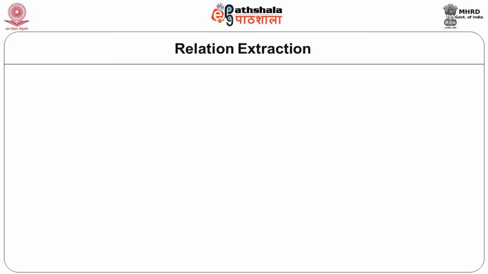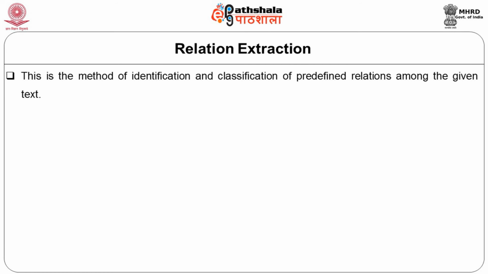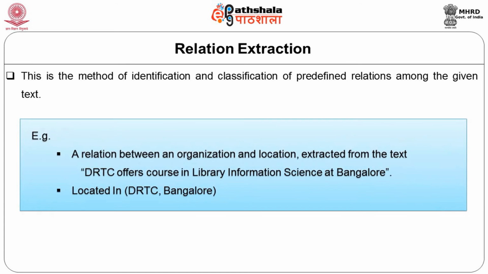The next kind of extraction is relation extraction, which is the method of identification and classification of predefined relations in a given text. As we can see in the example given, DRTC is located in Bangalore. Like I was just explaining, there could be a question from any user on the internet: where is DRTC located?